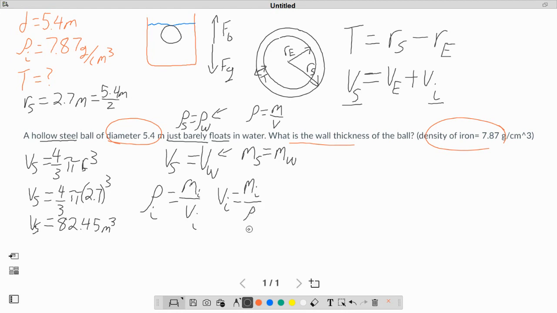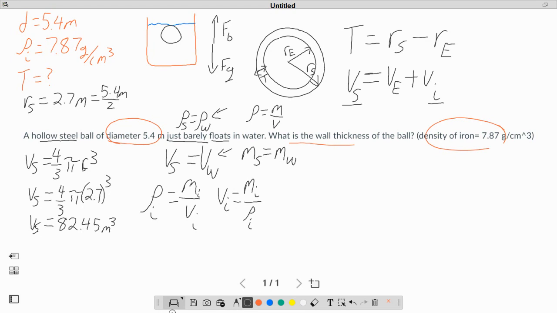And this is where our assumptions come back in. Here, we said that the mass of the sphere should equal the mass of the water displaced. That makes sense. But what did we assume was inside the sphere? Well, we assumed that nothing was inside the sphere.